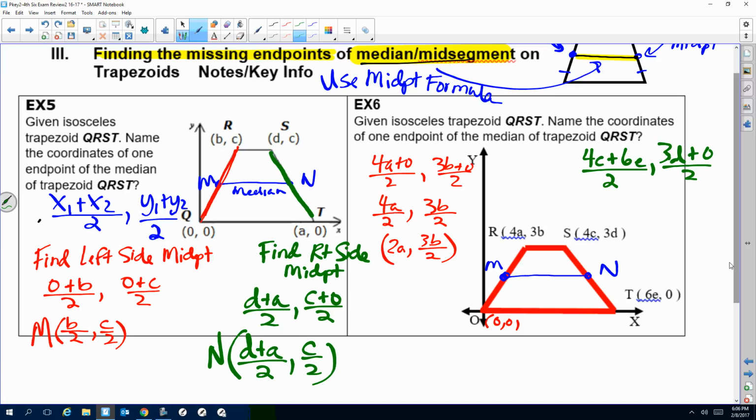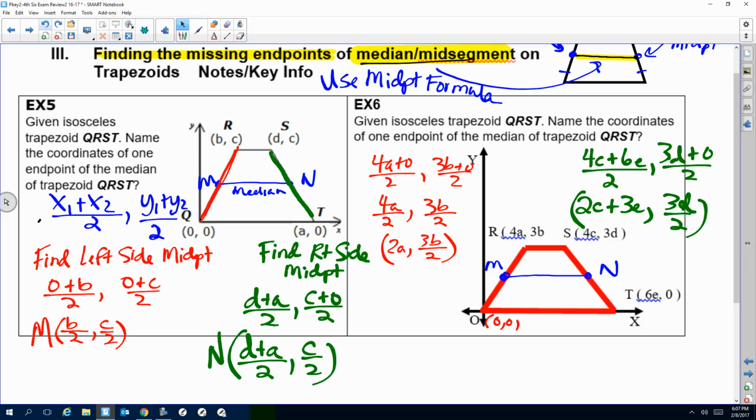But 2 can go into 4, and 2 can go into 6, so I can simplify both of those. Basically, I'm dividing. I'm just going to undo what I did to show that I'm dividing both terms. If I can divide both terms, then I can simplify it. So this becomes 2c plus 3e, comma, then 3d over 2.